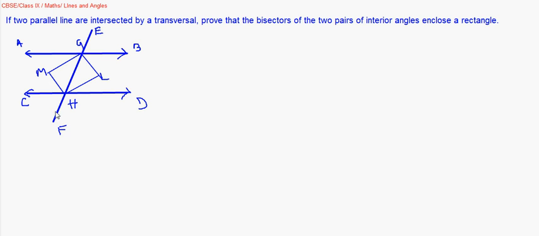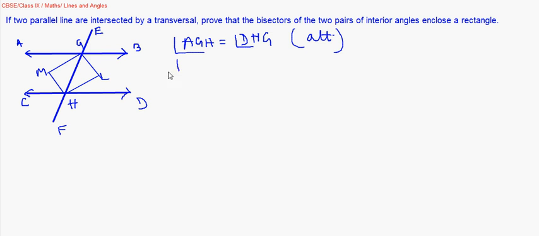We have to prove this G, M, H, L to be a rectangle. Angle AGH and angle DHG. AGH is equal to angle DHG. They are alternate angles.